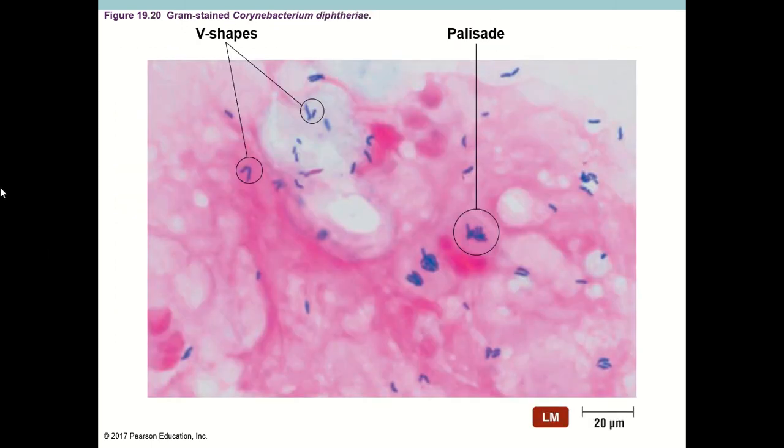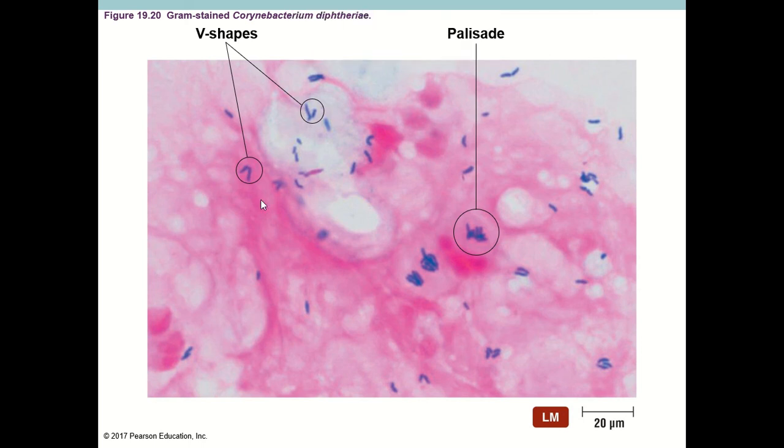So Corynebacterium is the next genus of gram-positive bacteria. They are non-endospore forming bacteria that form V shapes. As you're seeing here in this picture, they form V shapes in cultures, or palisades, which are an aggregation of several V shapes.